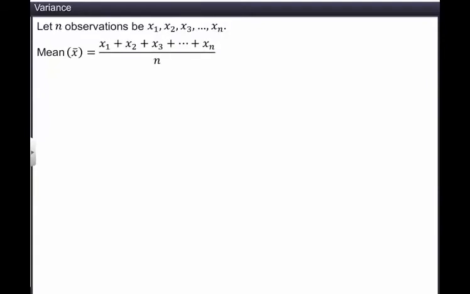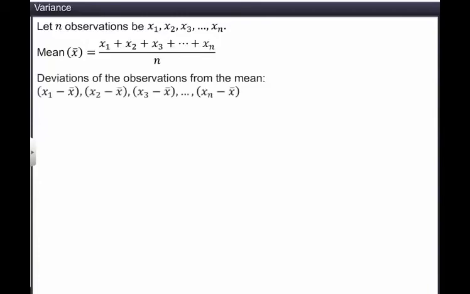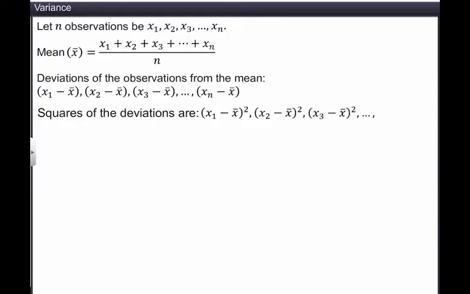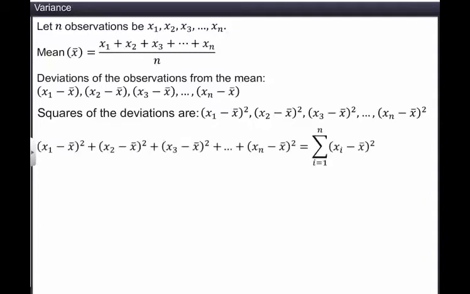Now, the deviations of the observations from the mean are shown. The squares of the deviations are x1 minus x bar whole squared, x2 minus x bar whole squared, and so on, up to xn minus x bar whole squared. Now, the sum of the squares of the deviations can be written as the summation of xi minus x bar whole squared, where i is running from 1 to n.